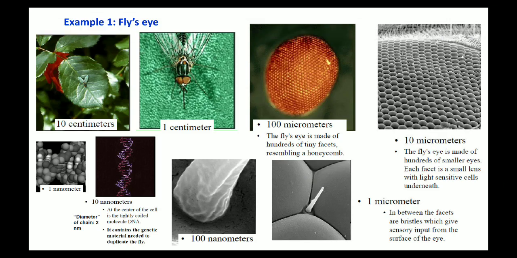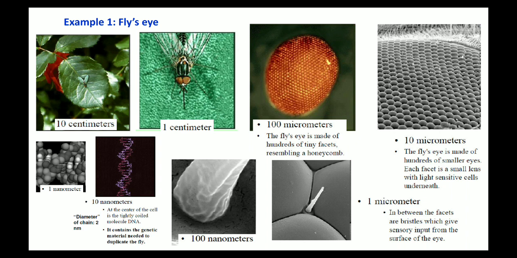So the first example is the fly's eye. Okay, so this is a fly, and every one of you has seen this fly. You can see I have gathered a number of images, but we have to follow the image with the scale bar.